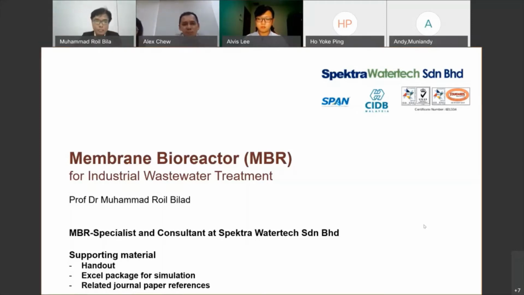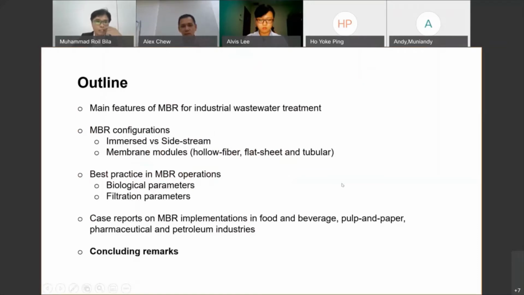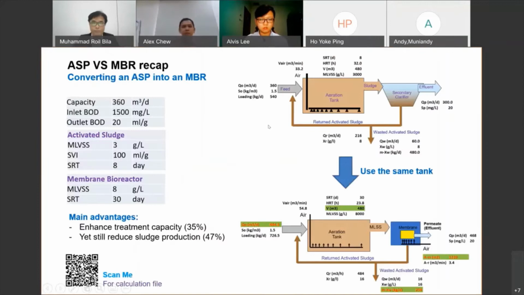So today it's a continuation of our discussion last month. But this time we'll focus on membrane bioreactor for industrial wastewater treatment. Okay, so this is the outline of my presentation today. We'll start with some of the main features of MBR, tailored for industrial wastewater.